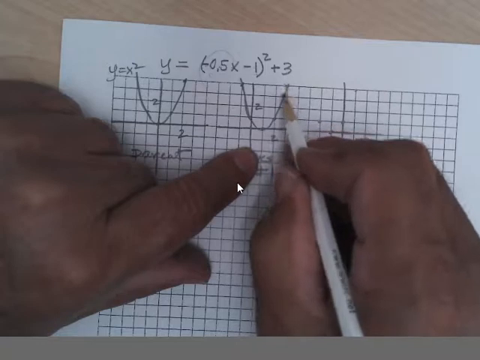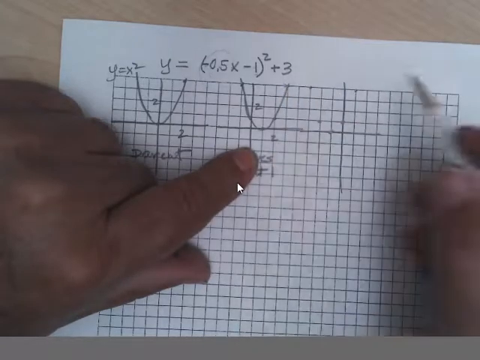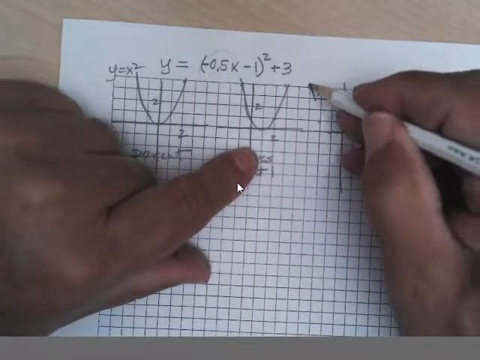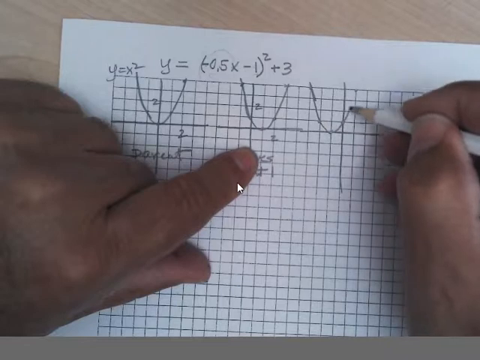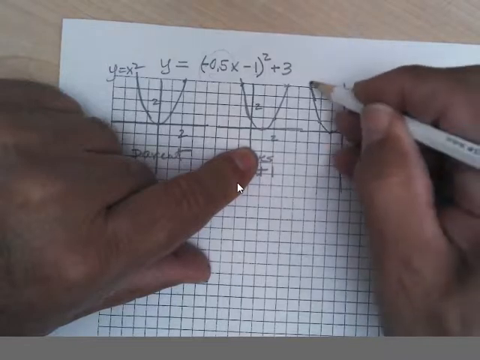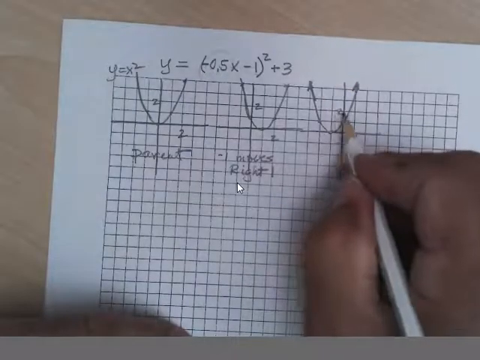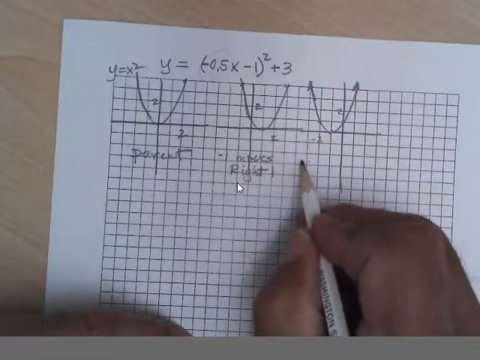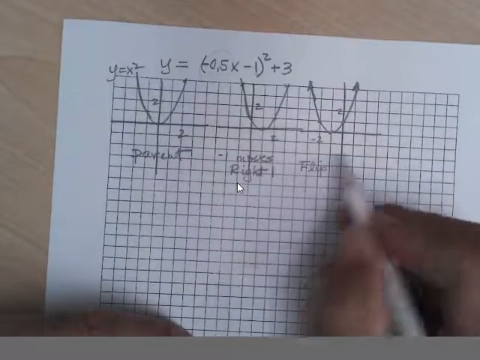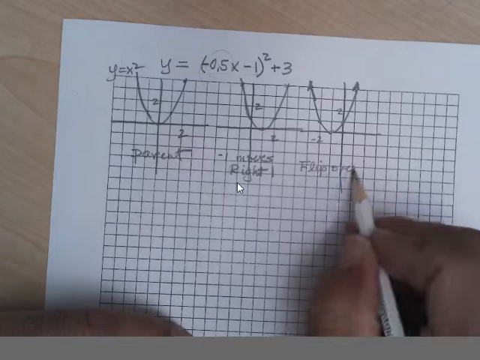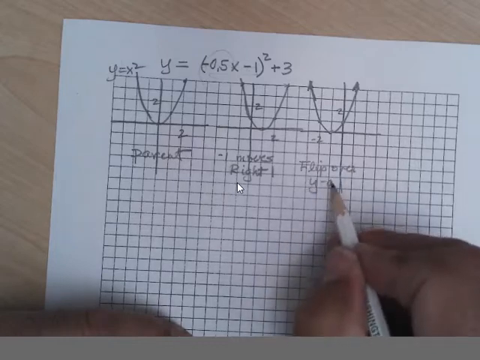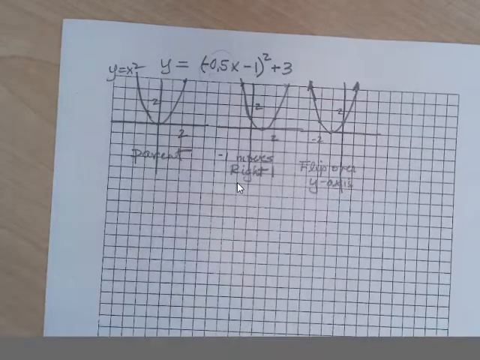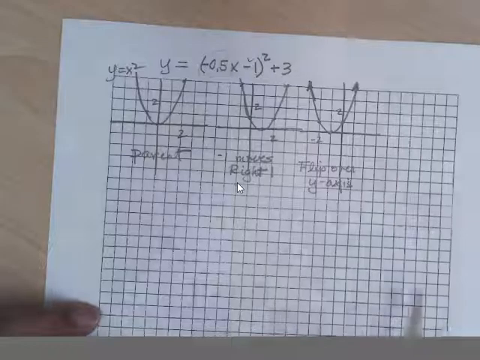And this one that was 3 this way gets moved to 3 this way. So that's a reflection or a flip, whichever way you want to call it. Flip or reflection over y-axis.